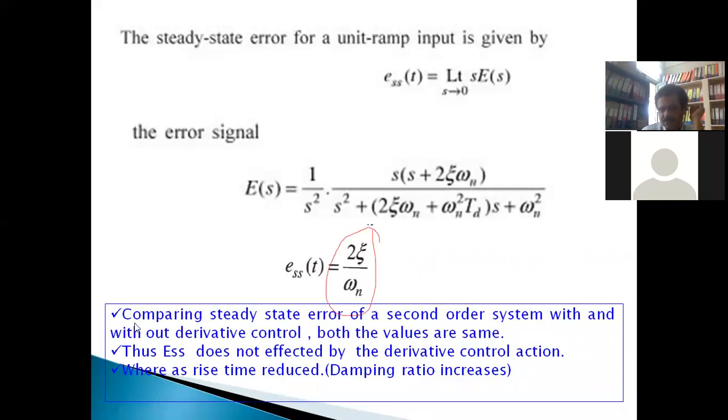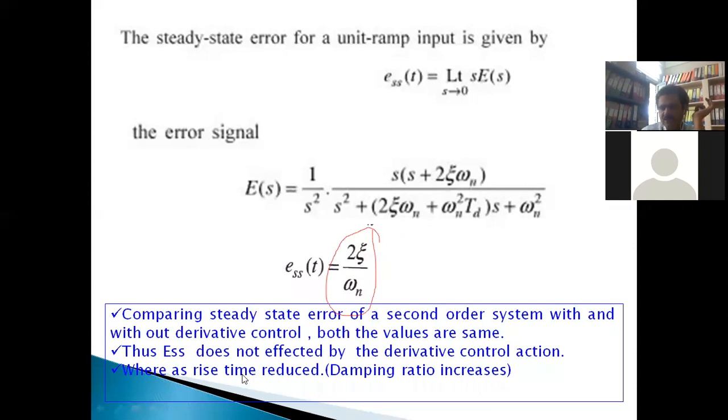Comparing the steady state error of a second order system with and without derivative control, both values are the same. So that means the derivative controller is not going to affect the steady state error.